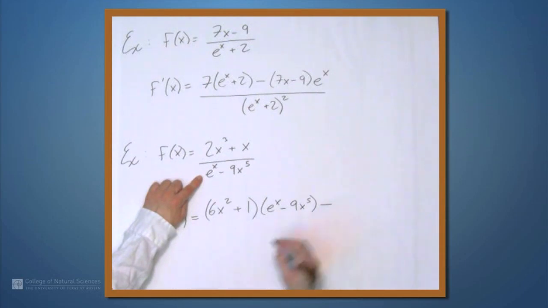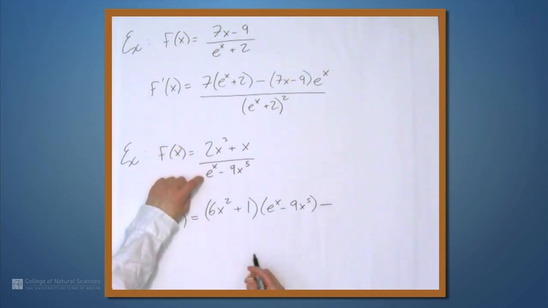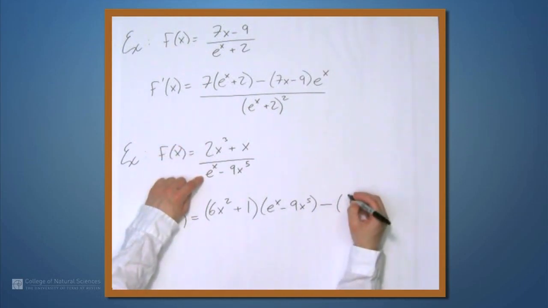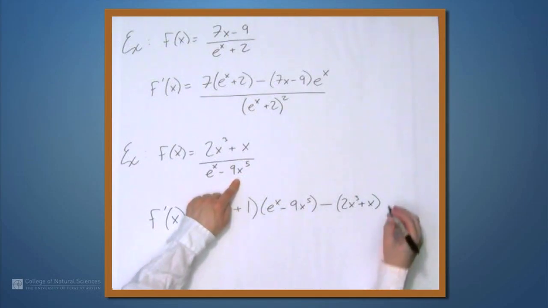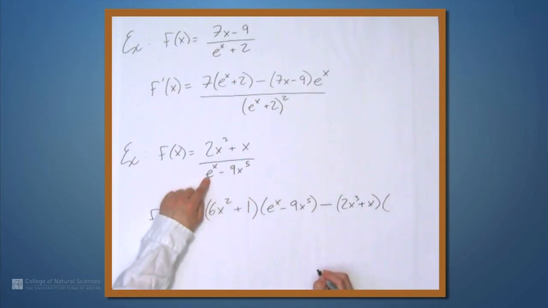And then we subtract the top times the derivative of the bottom. So minus the quantity 2x cubed plus x times the derivative of the bottom. The derivative of e to the x, still just e to the x.